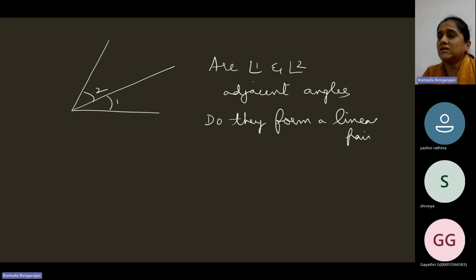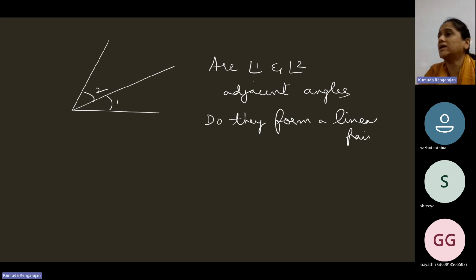Now, what is the criteria for two angles to be called adjacent angles? Two angles are adjacent angles if they have a common vertex, they have a common arm. There are three things. All these three things should be satisfied.